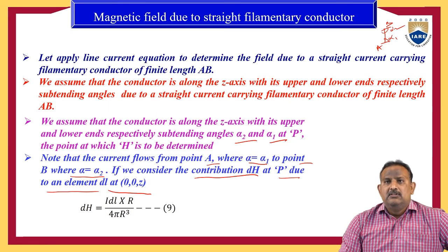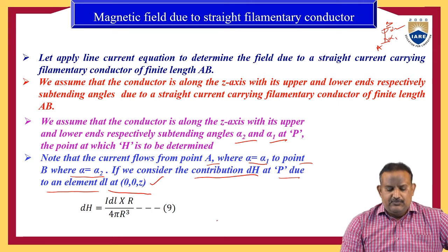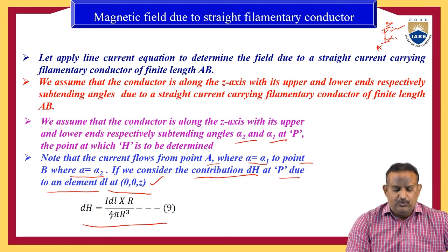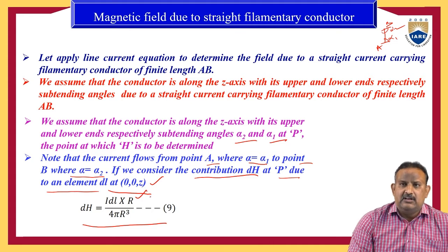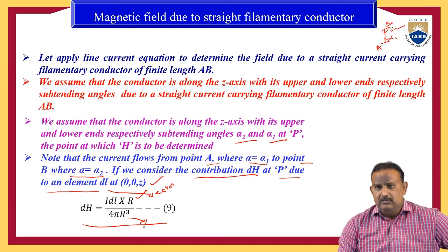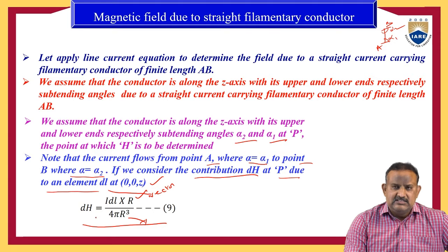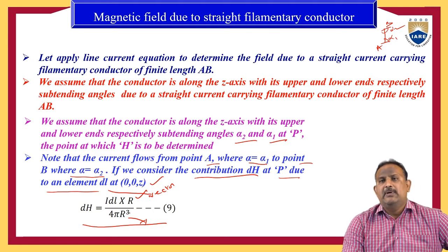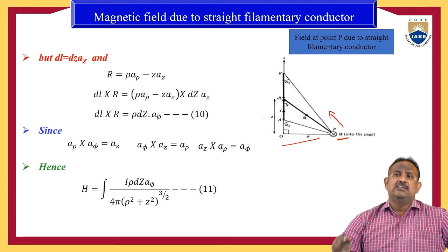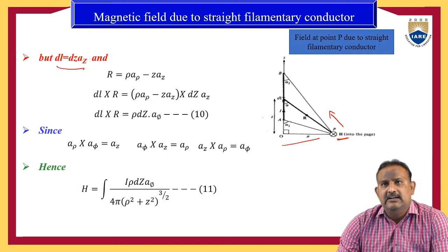Therefore, dH is equal to I dL cross R by 4 pi R cubed, where R is a vector and R in the denominator is its magnitude. This is already known from the Biot-Savart's law. Next, because the line is along the z-axis, assume that dL is equal to dz.